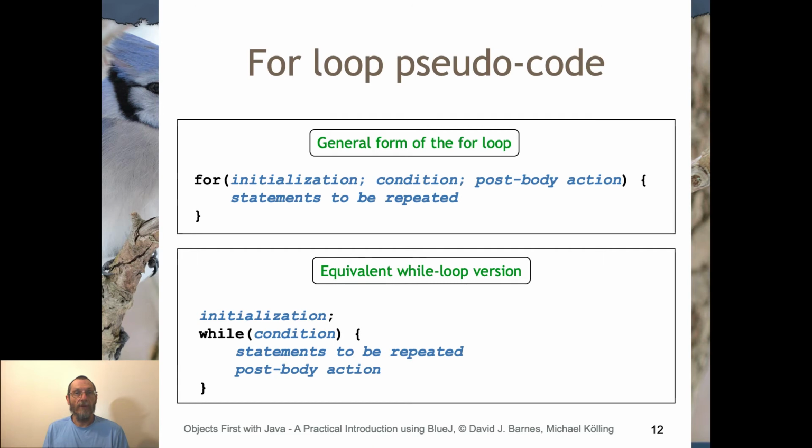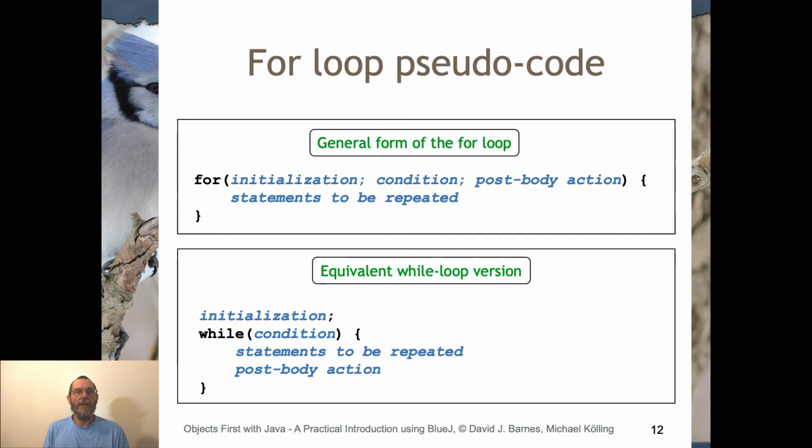The while loop equivalent shows us how we're to understand how those 3 elements in the header are executed. So we can see that that first initialization step is only ever executed once, and it's executed before the loop's condition is evaluated for the first time. So that first element sets the loop up ready to be executed. We then test the condition. If the condition evaluates to true, then we don't actually go on to the post body action at that point.